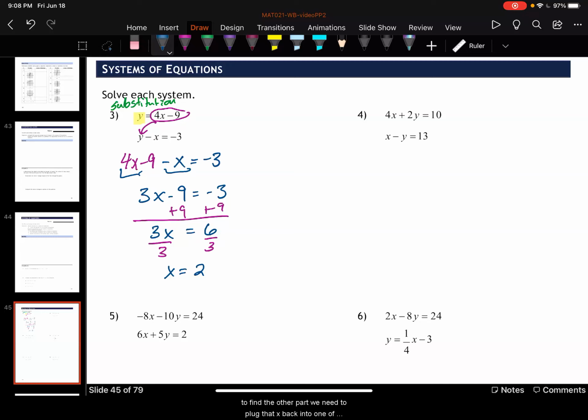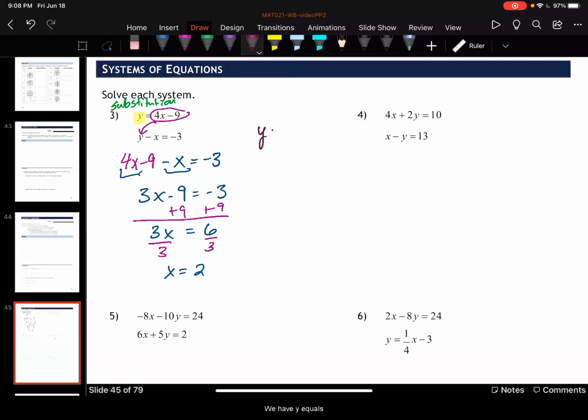To find the other part, we need to plug that x back into one of our equations and find what y equals. When you do a system, you have to find a value for each of your variables. So looking at that first one, I'm just going to use that first equation since it's got y equals.